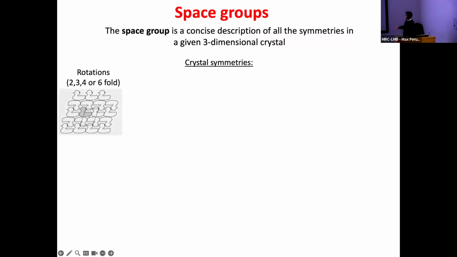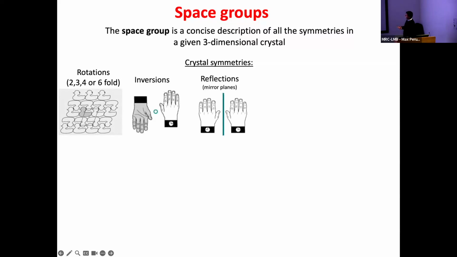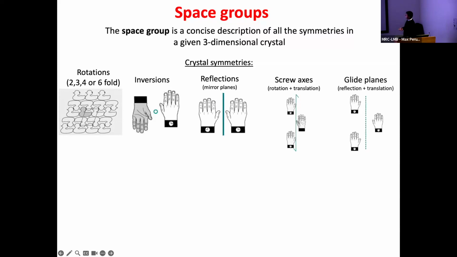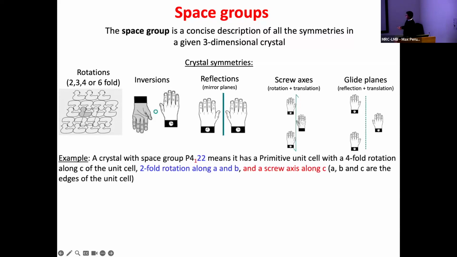Crystal symmetry comes in different flavors. You can have rotations; you can only have 2, 3, 4, or 6-fold rotations in crystals. You can have inversions, reflections, screw axes, and glide planes. So for example, if I say to you this crystal has a space group of P4122, what it means is: the P is the type of Bravais lattice.